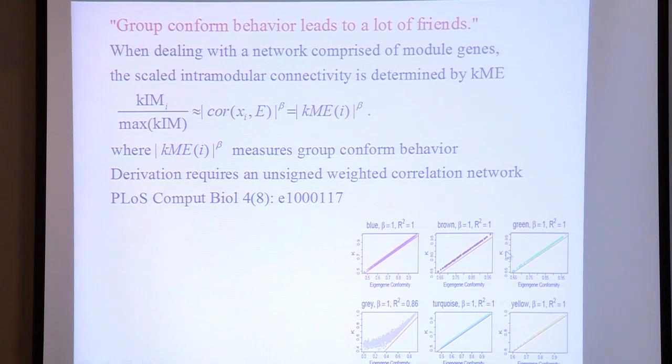So what does it tell me? It tells me whether you use the kIM, the intramodular connectivity based on the adjacency, or whether you use KME for finding hub genes, you really end up with the same result. And so in practice, we select genes based on KME.